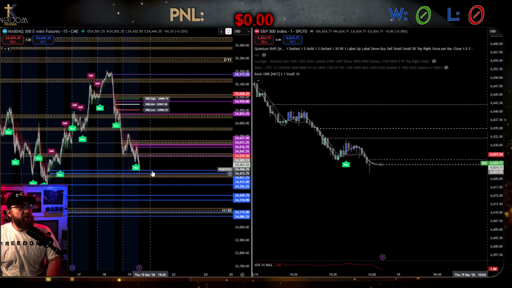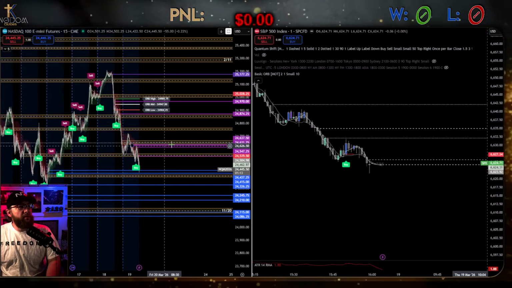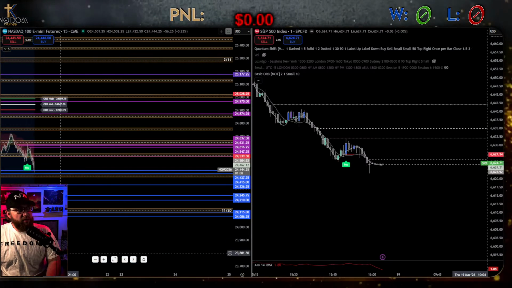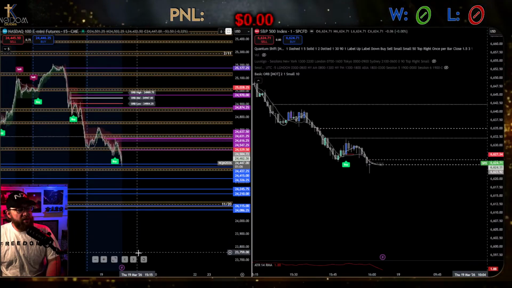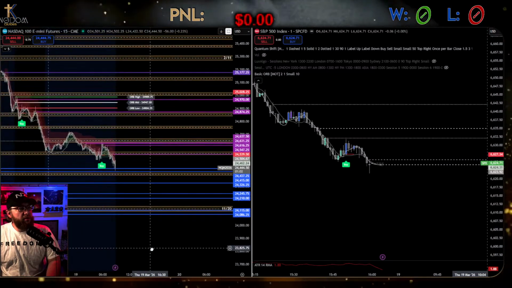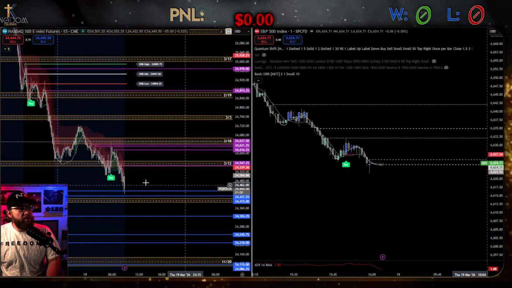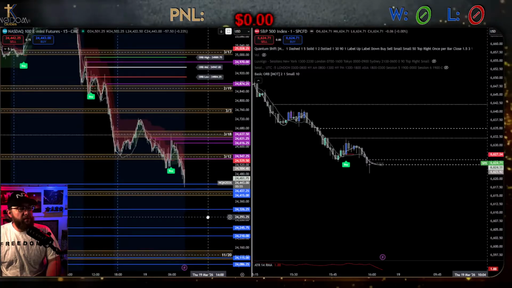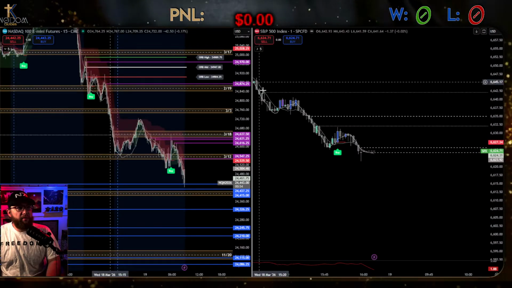Or maybe we get some good rejection, push back up. A lot of resistance right here at the 600 levels. So I wouldn't be too surprised if we came up, retested these 600s before a move down. All right, there's your 15-minute recap.